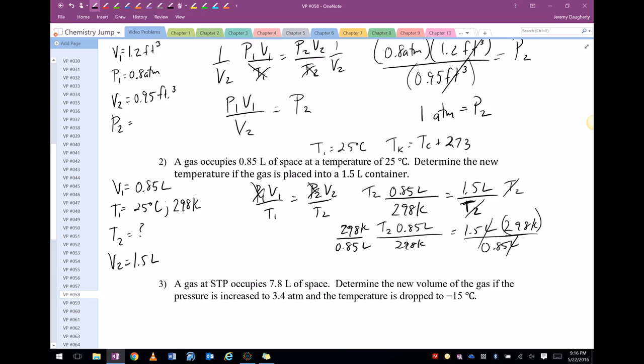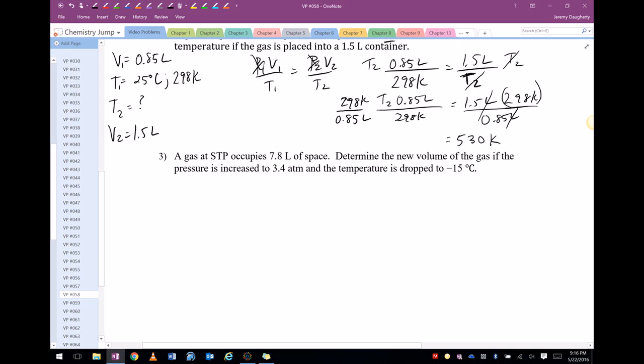That's 526, and that's going to be Kelvin. I only want 2 sig figs, so I'm going to make it 530 Kelvin. Does that make sense? I'm taking 0.85 liters, and now it's in a 1.5 liter container. If the pressure remains the same, we're going to have to increase the temperature. Okay, that makes sense.